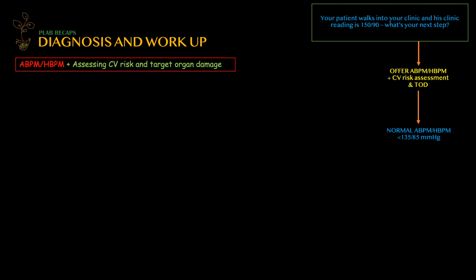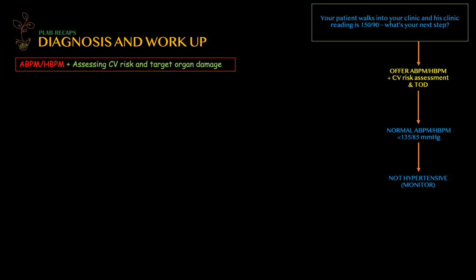And whilst you wait for the results of this, you'd like to assess your patient for cardiovascular risk and for any target organ damage. Now imagine that the results that come back are normal, so blood pressures are less than 135 by 85. Basically this patient just needs monitoring, so they can have their blood pressure checked once every 5 years.